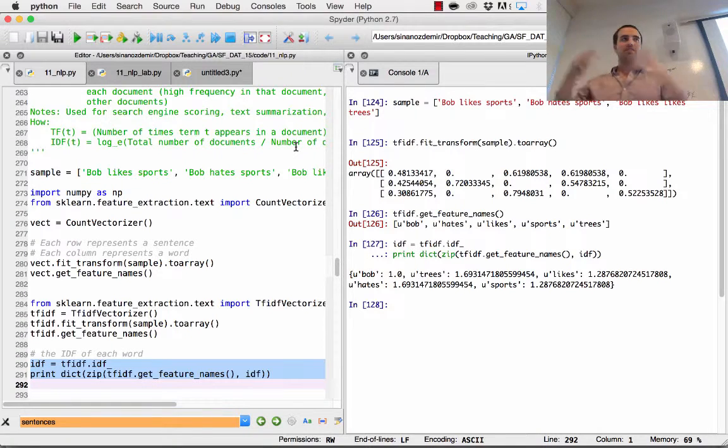So, pop hypothetical question. If a word has a very high TF in a document and a very low IDF, what does that mean? Explain to me in words. Yeah?